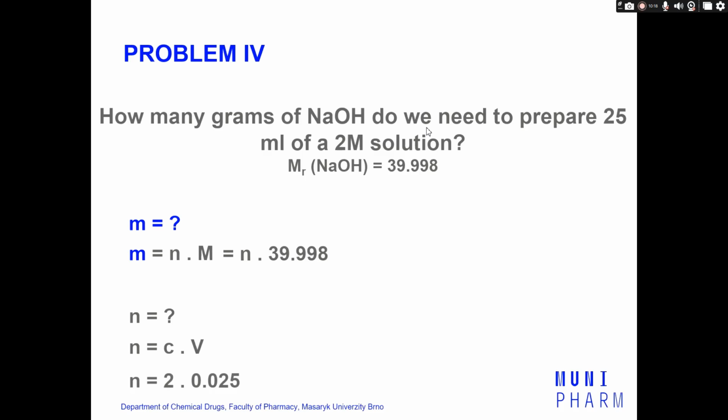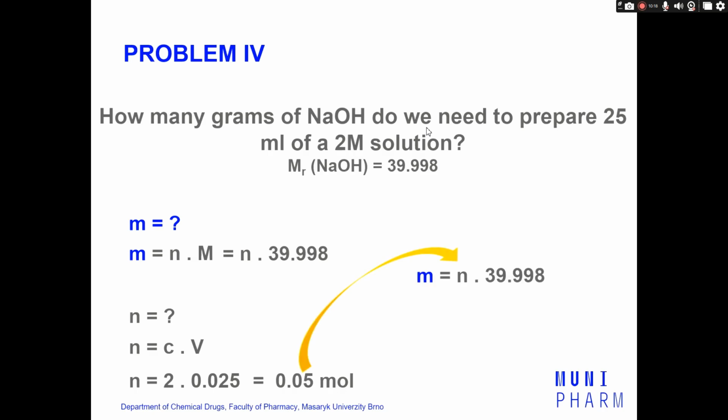Thus, a 2 molar solution means that the molar concentration is 2 moles per cubic decimeter. If we want to use the volume, then don't forget, it must be in the same units as the concentration, so it means in cubic decimeters. 25 milliliters corresponds to 0.025 cubic decimeter. We therefore calculate that the amount of the substance is 0.05 moles.